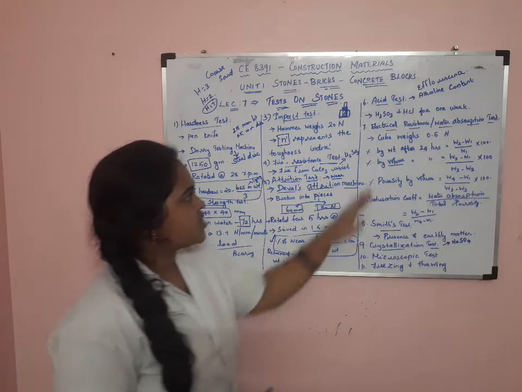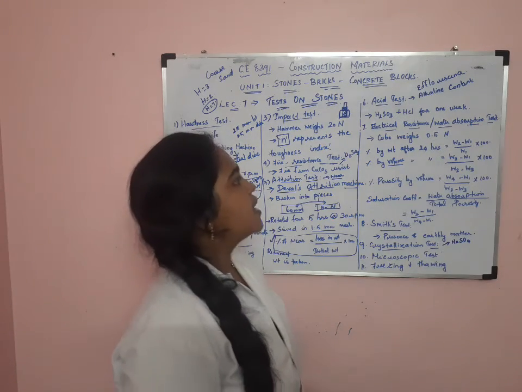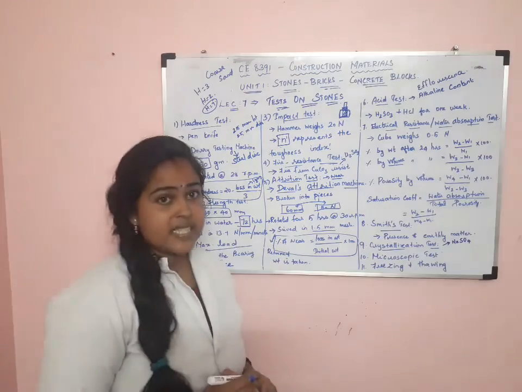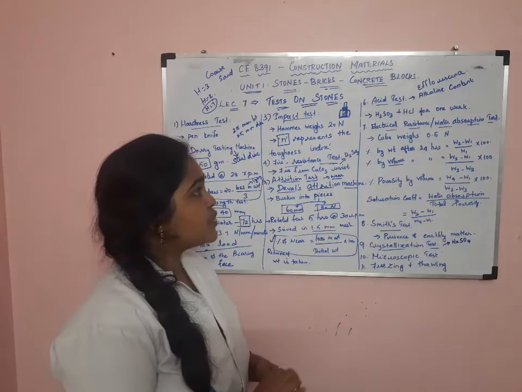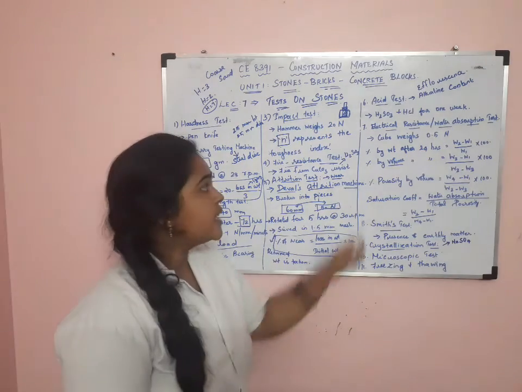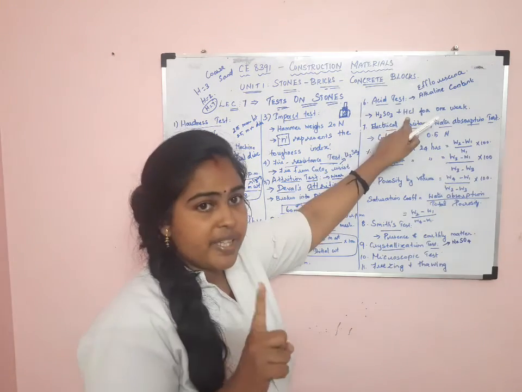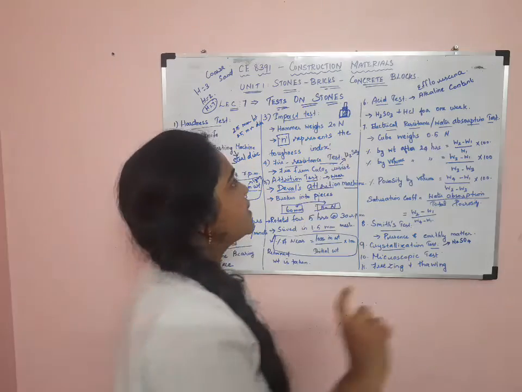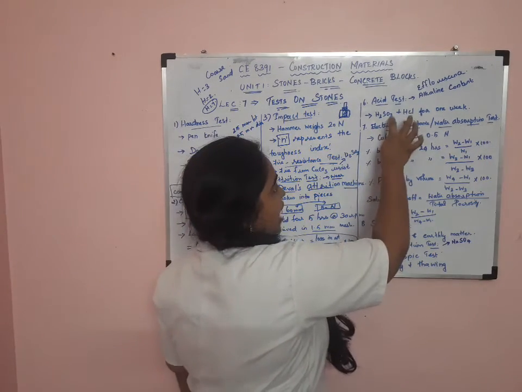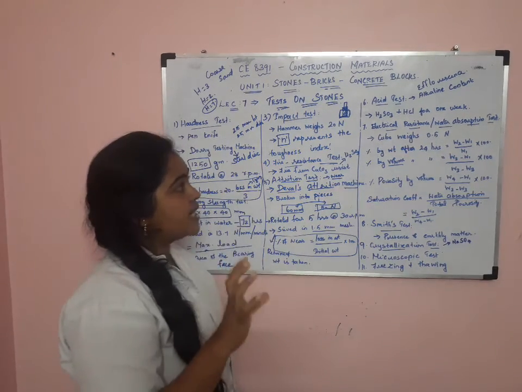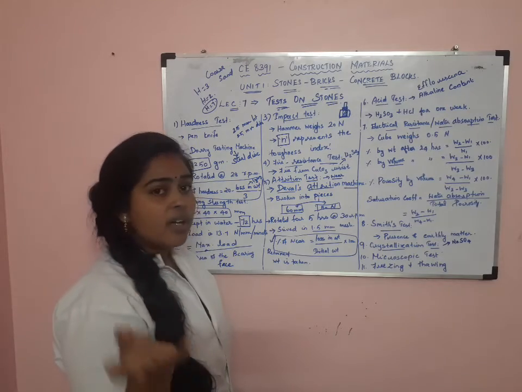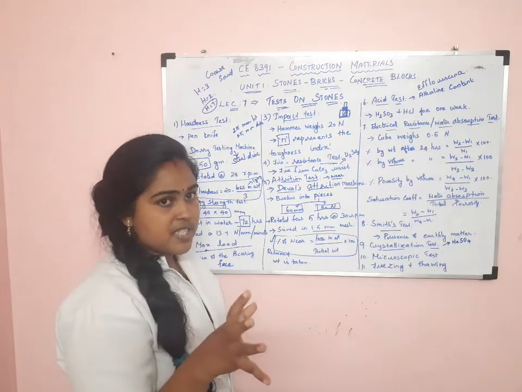So the next test is the acid test. For doing this acid test, we have to immerse the stone in sulfuric acid as well as in hydrochloric acid for 1 week, that is 7 days. This test is used to find out whether the stone contains alkaline content or has the presence of efflorescence.